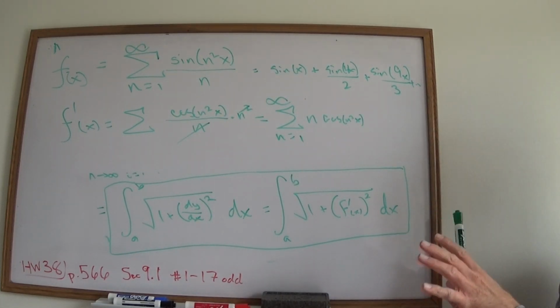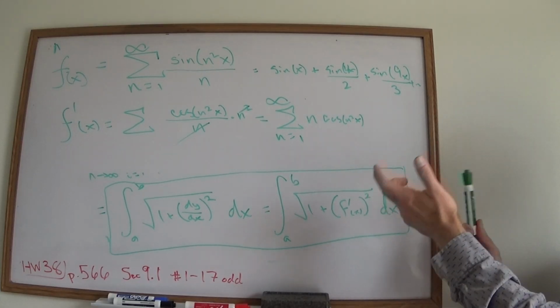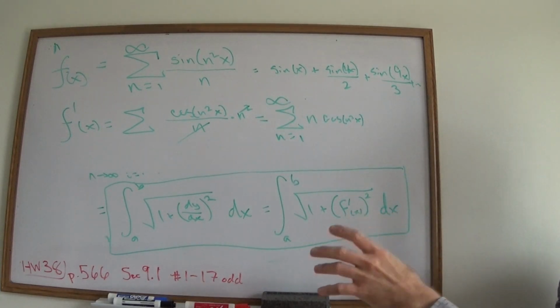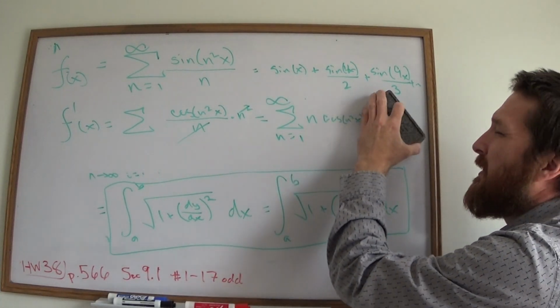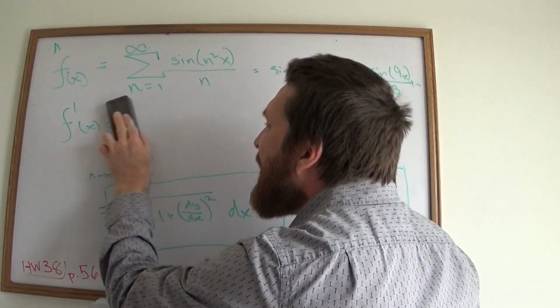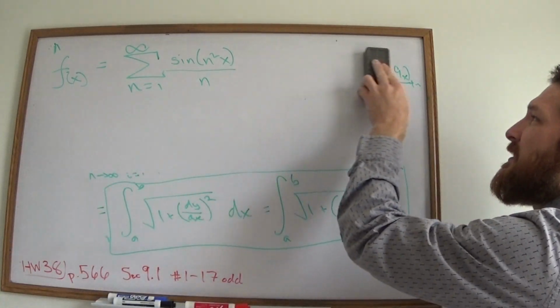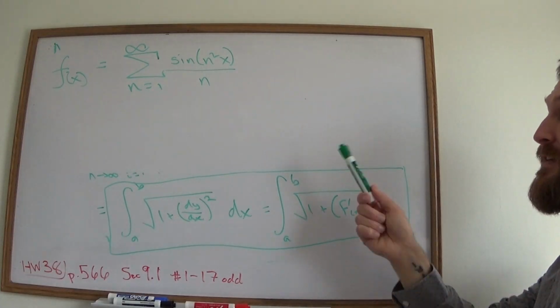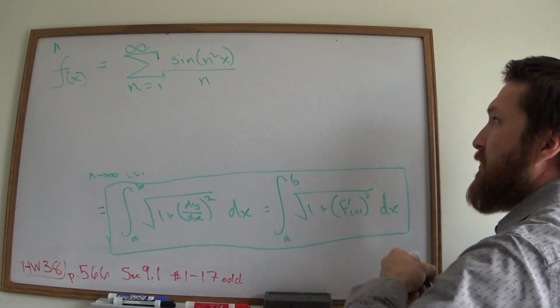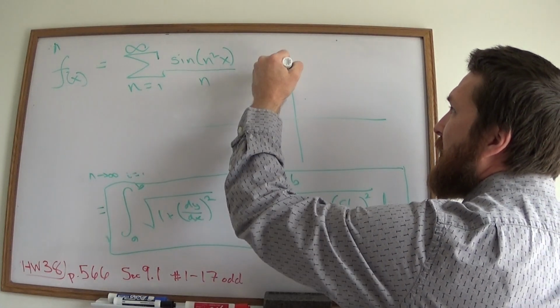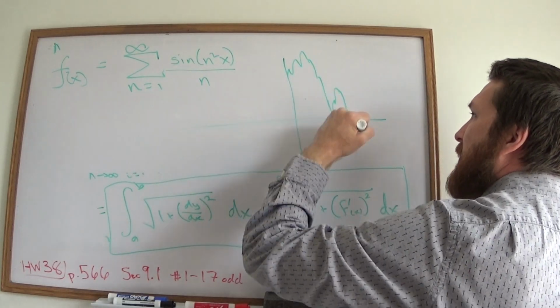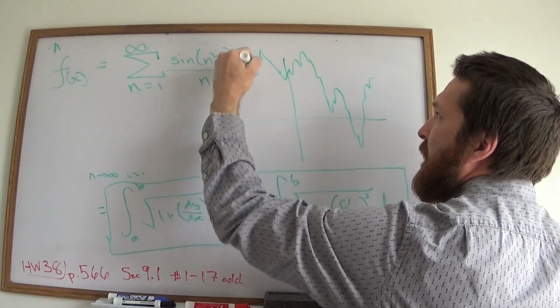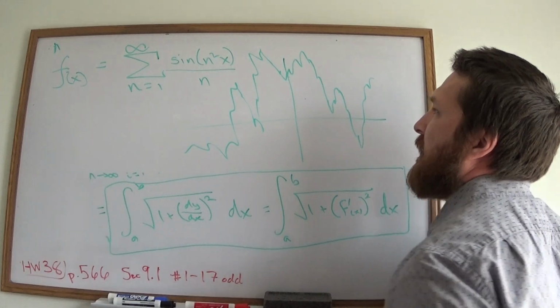I'm not sure if this technically satisfies it, because there are certain conditions on n to be a Weierstrass function, but it will have the property I'm talking about: when you first graph it, it's going to look something like that.